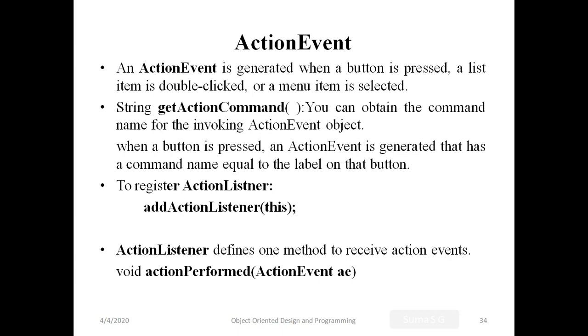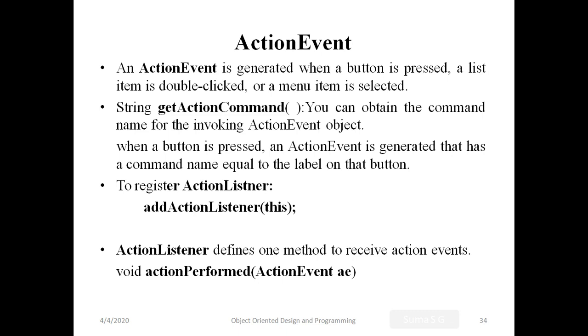The next one is action event. An action event is generated when a button is pressed, or you select an item from a menu, or a list item is double clicked. The methods defined in the action event are getActionCommand and getSource. getActionCommand is used to obtain the command name for invoking the action event.